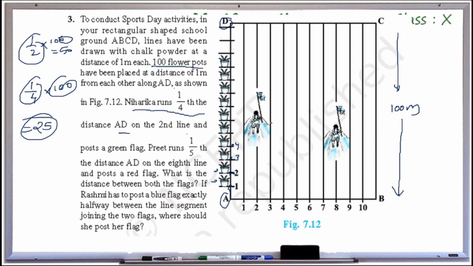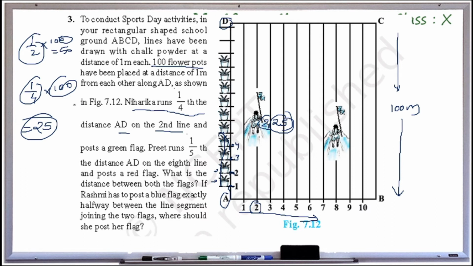So she is at a distance of 25 at track 2. So the coordinate of Niharika is 2, 25. And on the second line she is running. That's why we find x. This is the x-axis. This is the y-axis. So we are taking the x value as 2 and the y value as 25, which is obtained by 1/4 of 100.